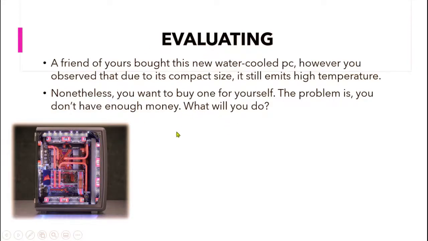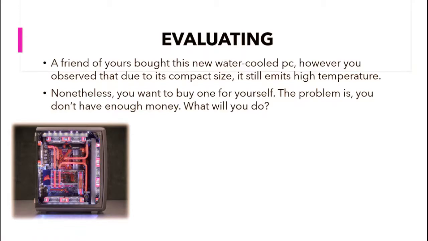So in evaluation, you're going to take all of those, and then instead of simply redoing what you did in the application, you're going to try to improve that idea or relate it to other types of activities.